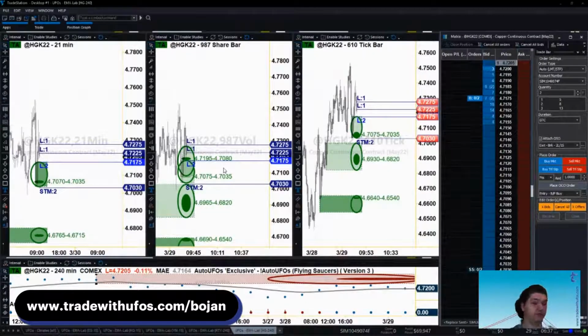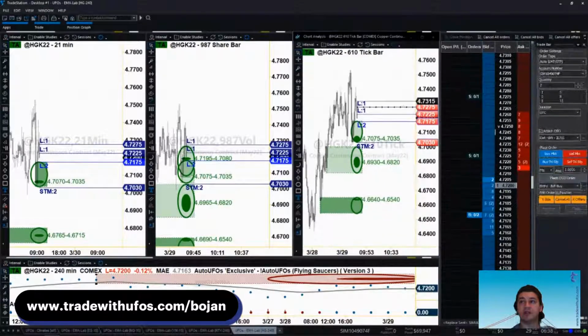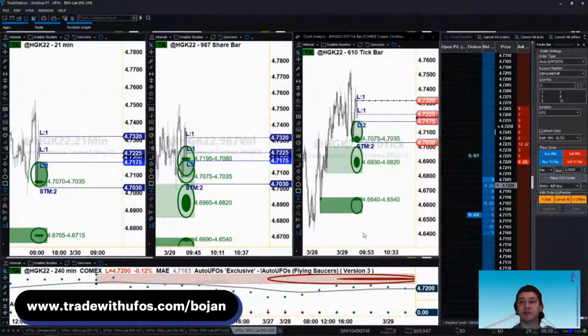So 71.75 minus 70.30, looking at 145. 73.20 would be our T1.